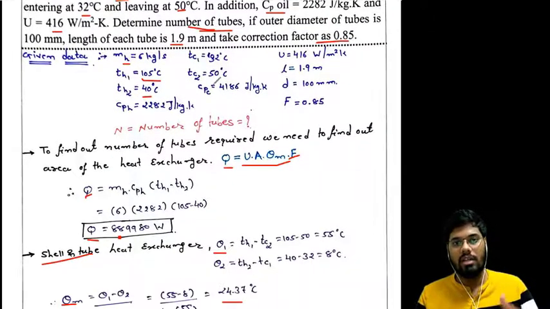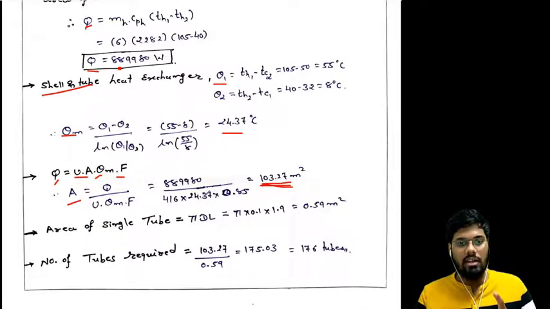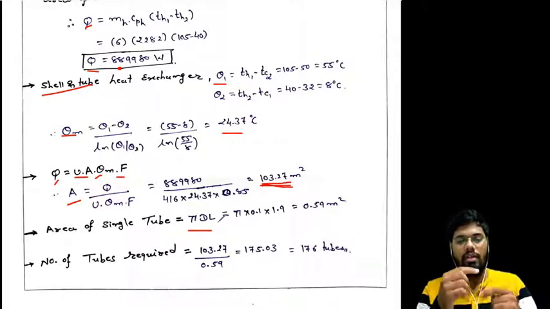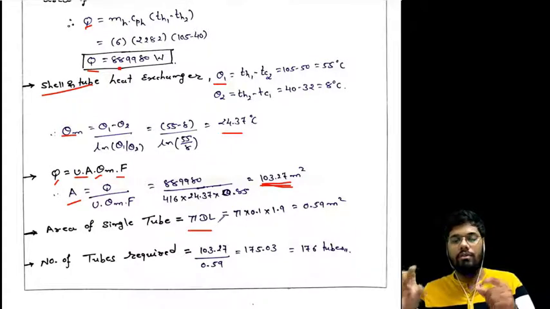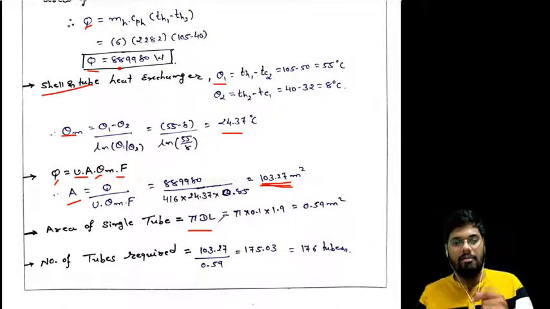A tube is circular and the surface area plays the role in heat transfer in a shell and tube heat exchanger. So we need to calculate the surface area of one tube, which is 2 pi r into L, or we can say pi d L. The diameter is given and length is given.